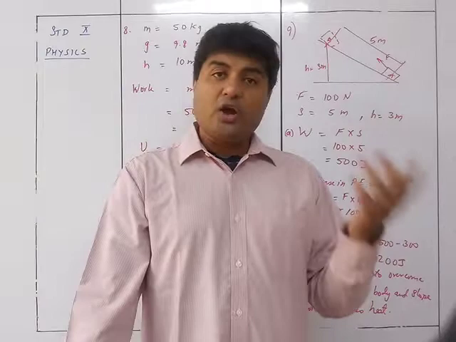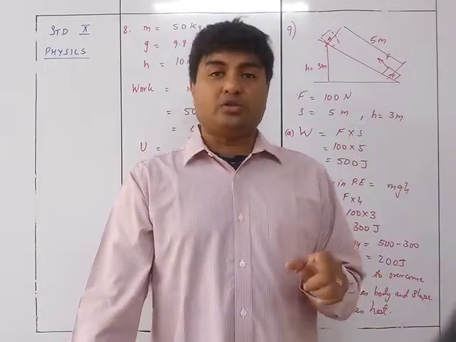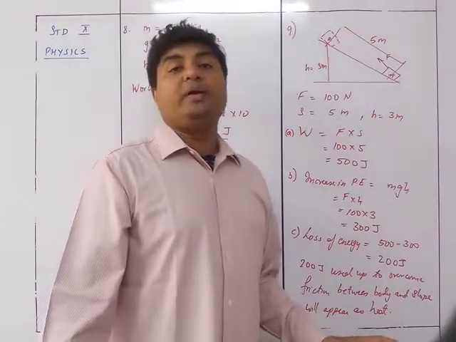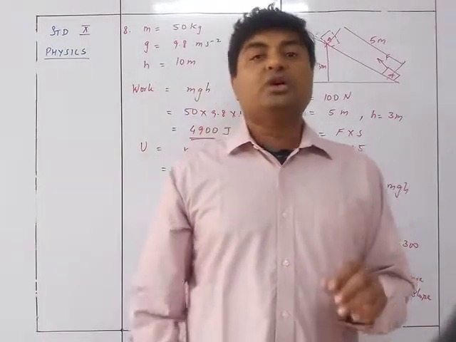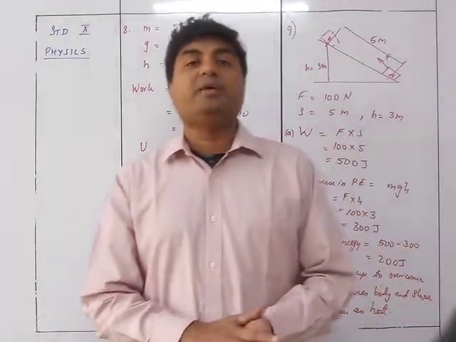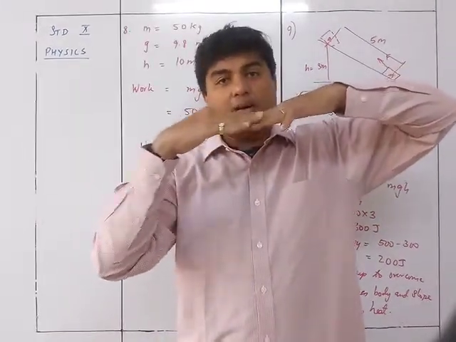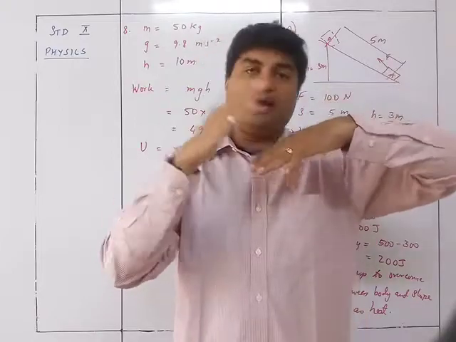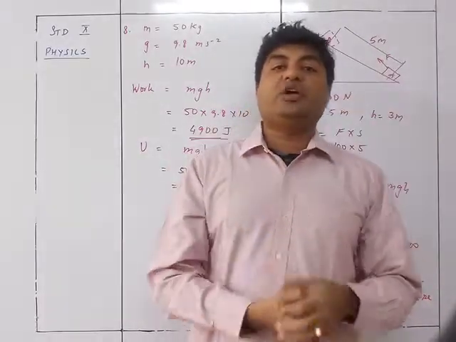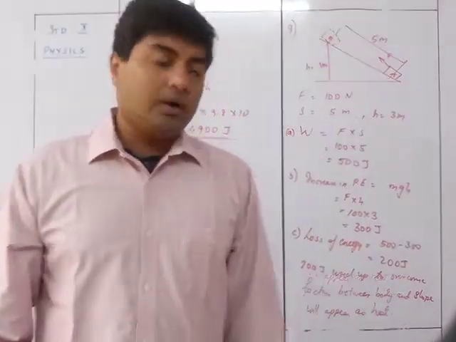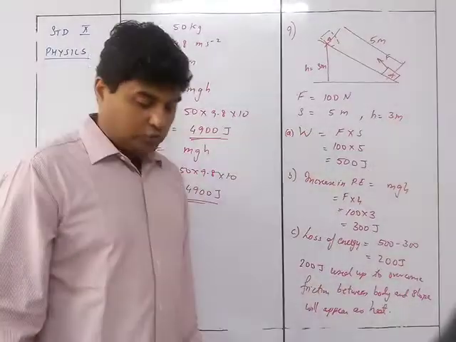So the bulb gave me light, but at the same time it got heated also. Similarly here, when the loss is there, this loss is going to be in the form of some other energy. So that energy will be in the form of heat, because when it is being pushed upwards, at that time there is a friction between the body and the slope, and due to that friction there will be heat generated on the body, which will be approximately 200 joule.